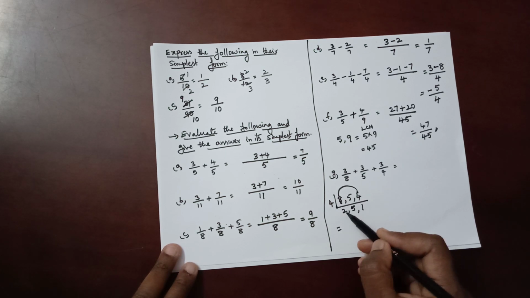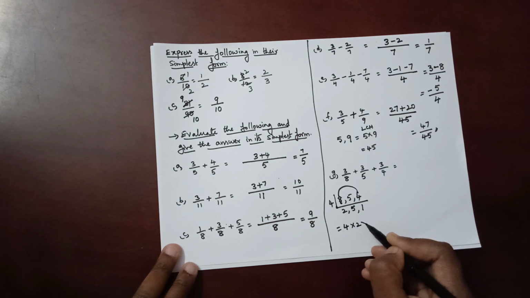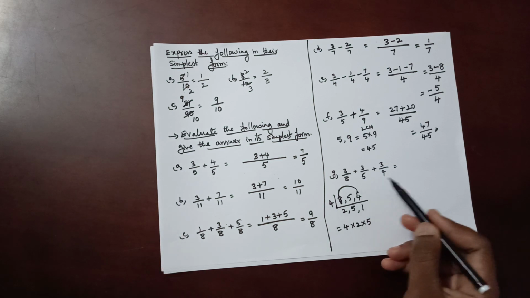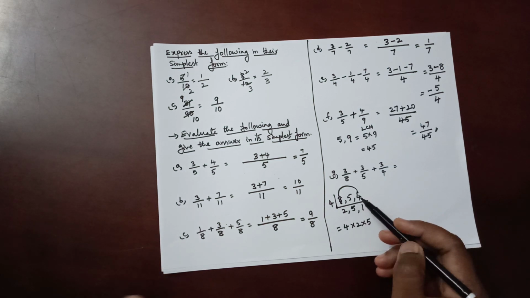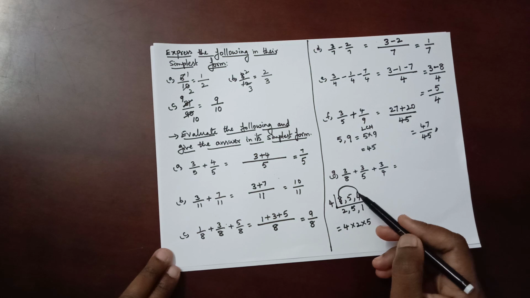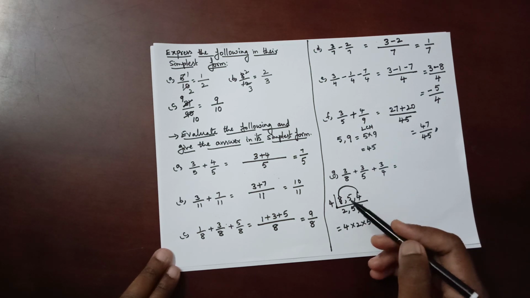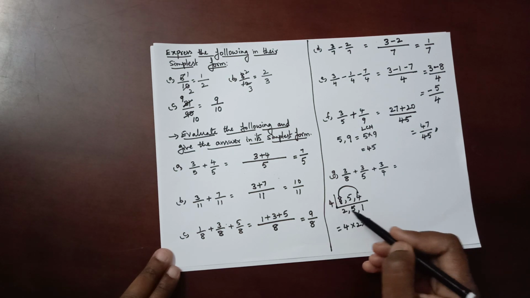No more common factors for 2 and 5. Directly we are taking the product. 4 into 2 into 5. This is the short division. We are taking the denominators and we check the numbers. If a common factor is there for two or more numbers, with that number we divide.